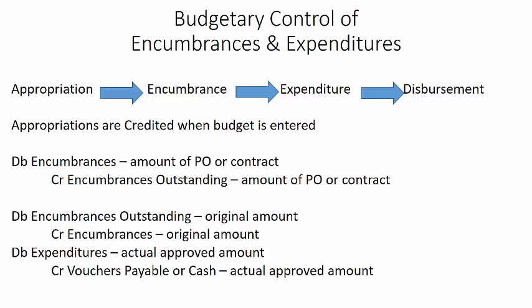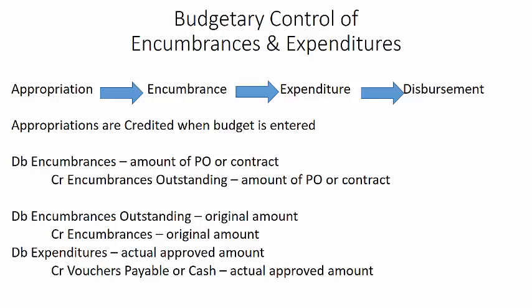Appropriations are credited. And then later, whenever we actually issue a purchase order, we are then encumbered at that point. So encumbrances: we will issue the purchase orders and we need to book encumbrances. Encumbrances require us to debit them.